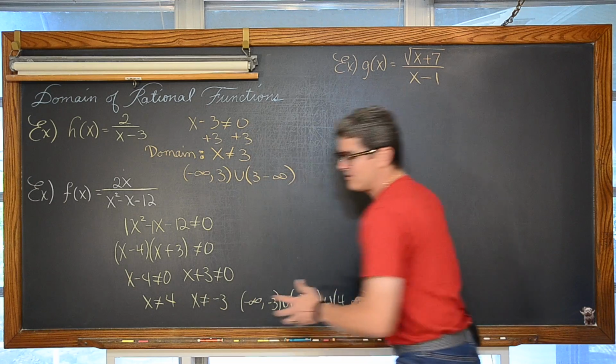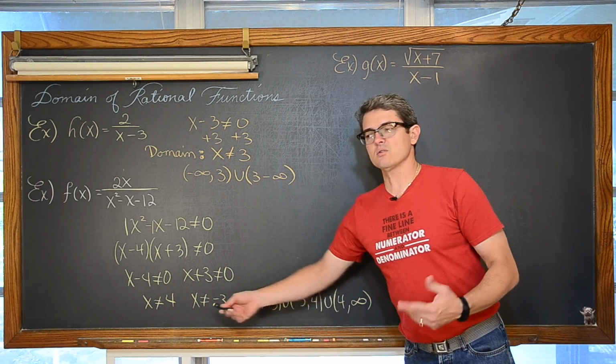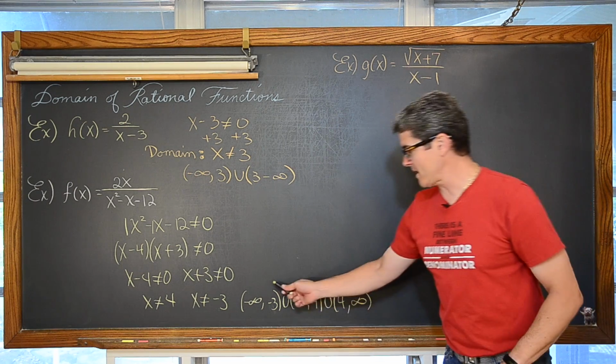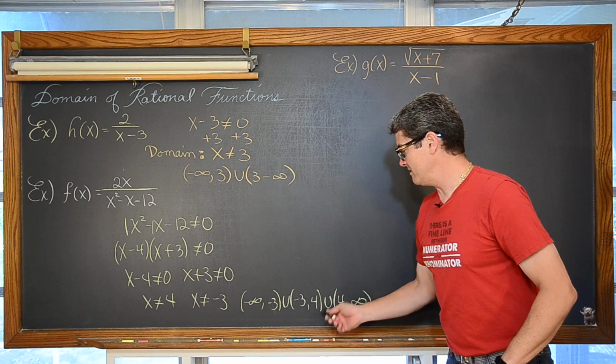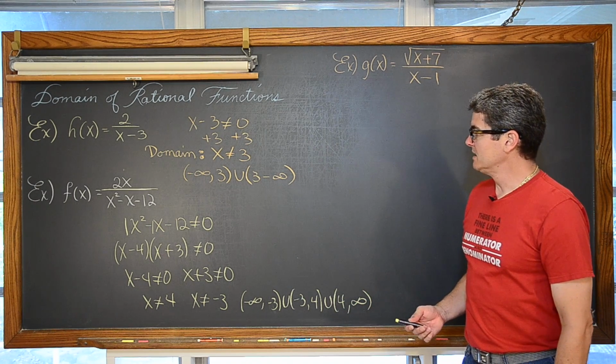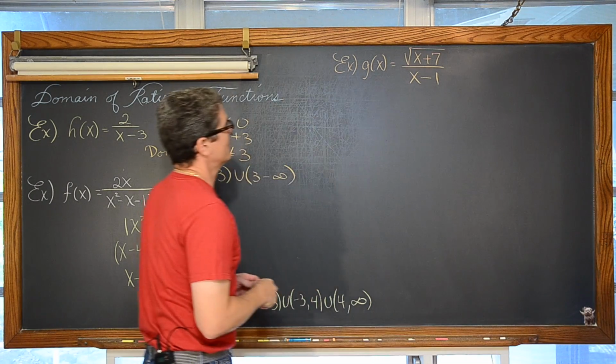Eliminating a couple of values from our domain is certainly a little bit more efficient and easier to write with inequality notation, but that is what it looks like with interval notation. These round parentheses, if you've forgotten, mean that you're not including those values. Maybe we'll see it over here as far as how to write that domain.